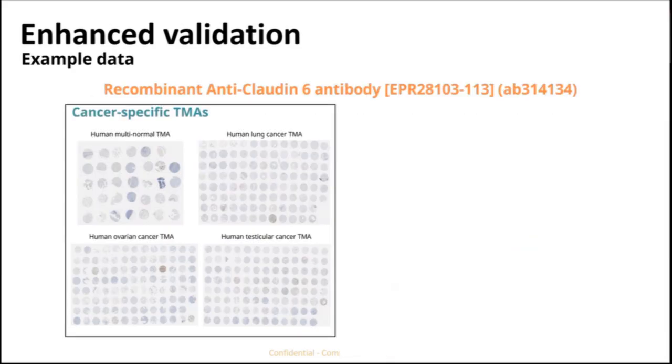So one example is our anti-Claudin-6 antibody. So we also included cancer-specific tissue microarrays, such as for lung cancer, ovarian cancer, and testicular cancer, in addition to the standard tissue array that we use in our routine QC.